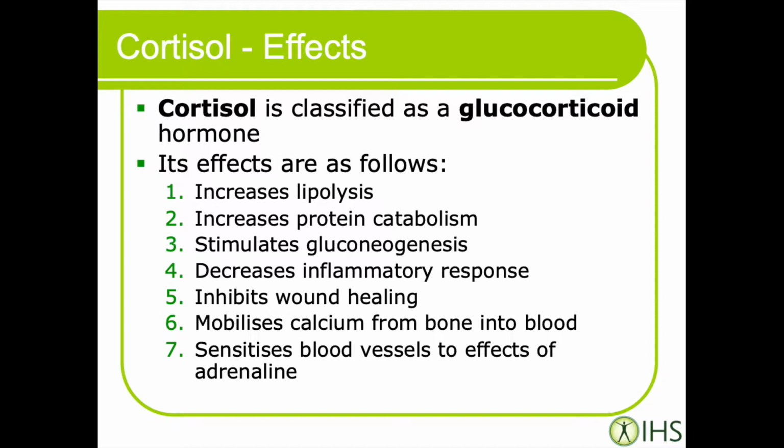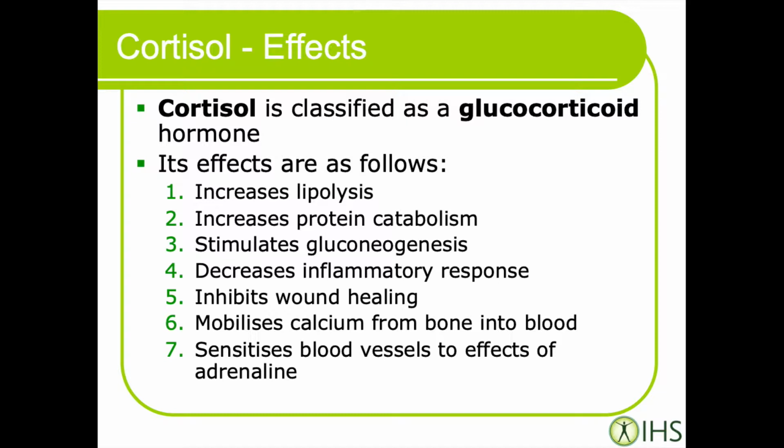It also stimulates the breakdown of protein, so it increases protein catabolism. Catabolism is the breaking down of things, anabolism is the building. It stimulates gluconeogenesis, which is the production of glucose from other materials, from proteins and from fatty acids.